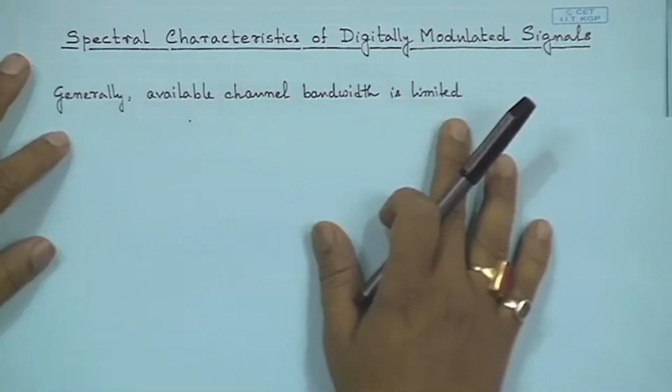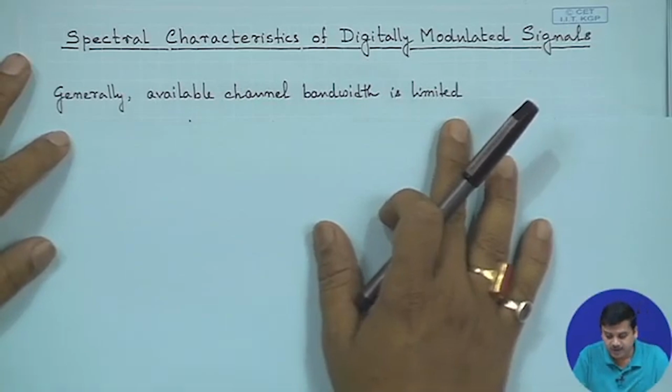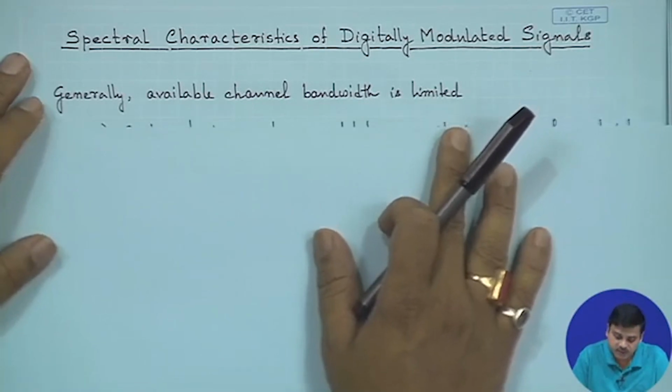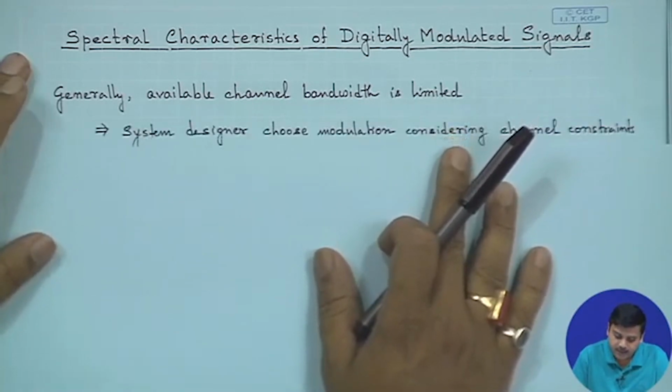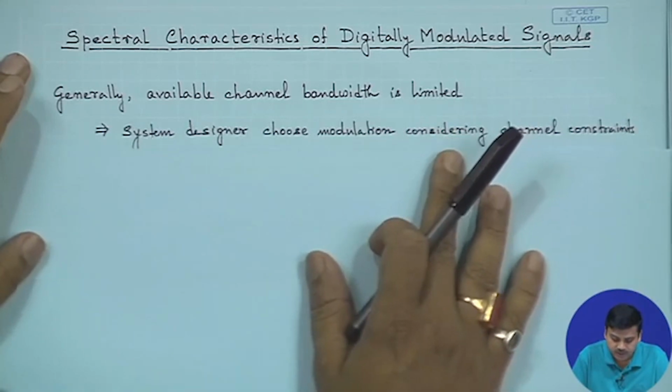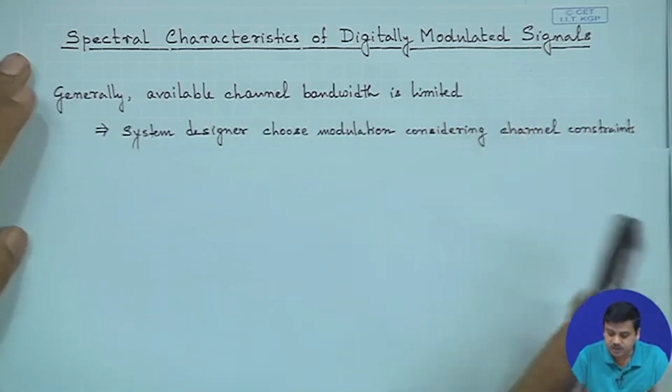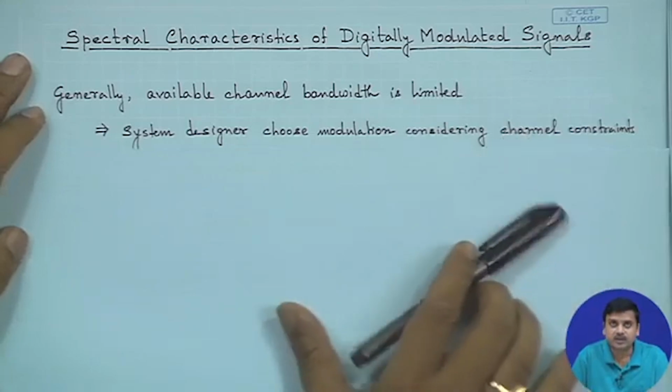So, usually channels are frequency selective. So, we therefore have that generally channels are limited in bandwidth, right. So, that means they do not have a bandwidth which is spanning from minus infinity to infinity, and that would leave the system designer to choose the modulation technique considering channel constraints.